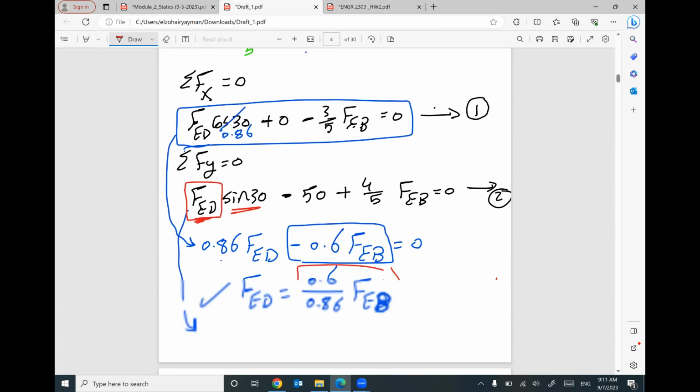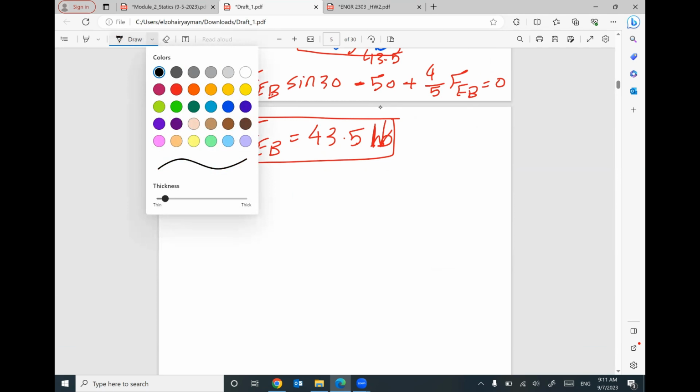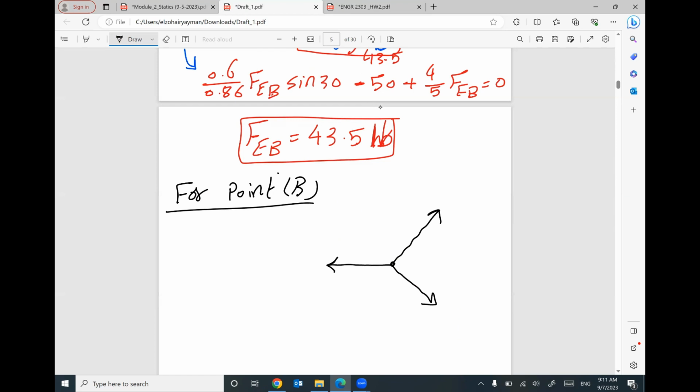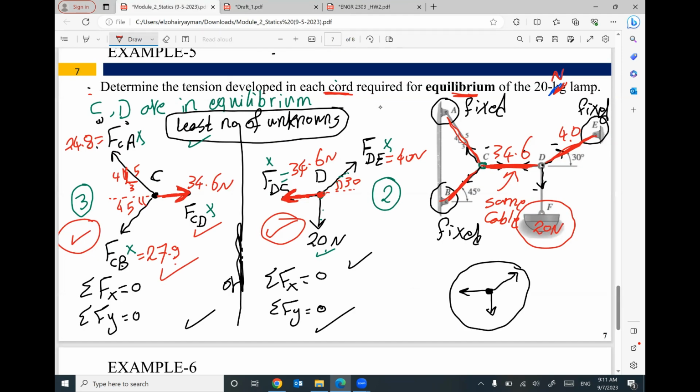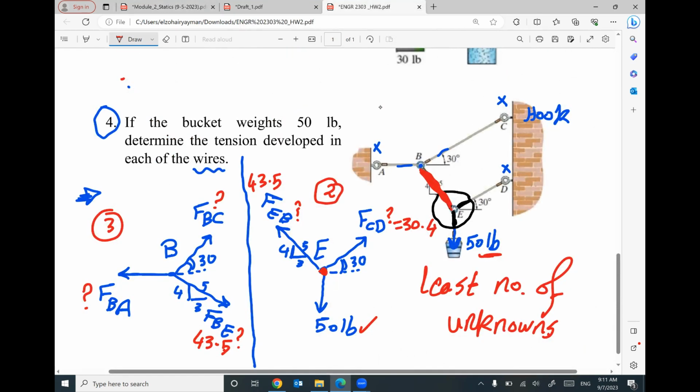Start your calculation by writing 4 point B. Point B, we have a force in this direction, we have a force in this direction, we have a force in this direction. I'm sorry, it's not here. We have a force in this direction and one more.